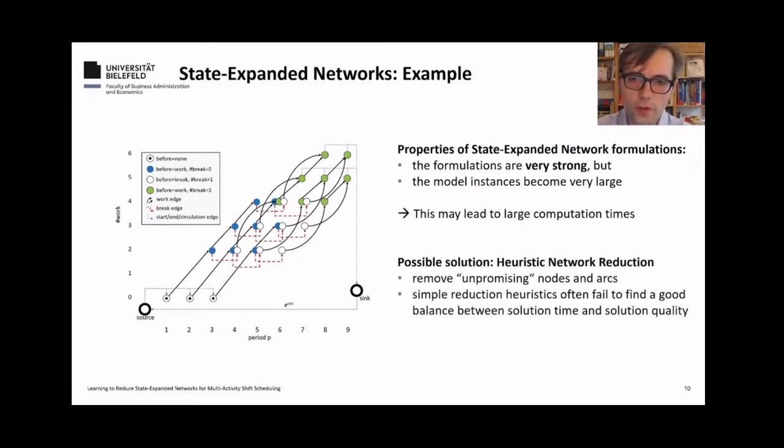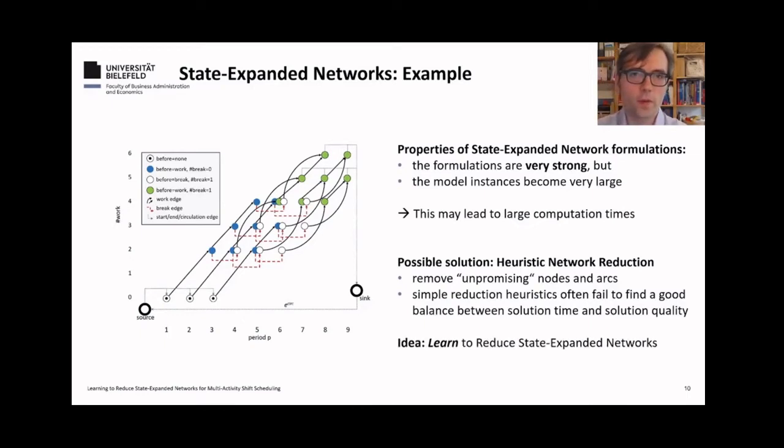A possible solution to this issue is to heuristically reduce the network by removing unpromising nodes or arcs. Typically, this is done using simple reduction heuristics, for example, in this case, based on the number of periods worked. But these reduction heuristics often fail to find a good balance between solution time and solution quality.